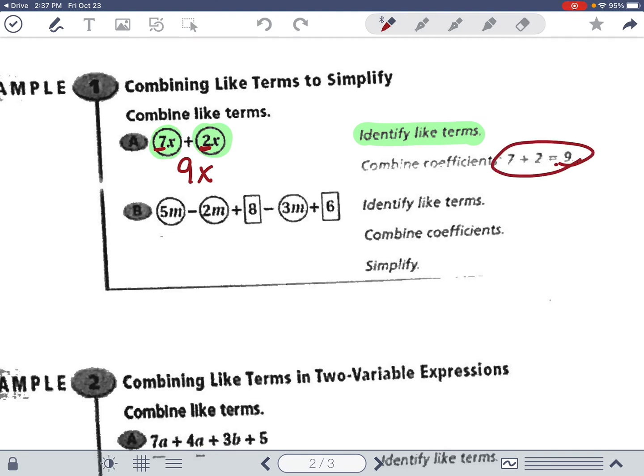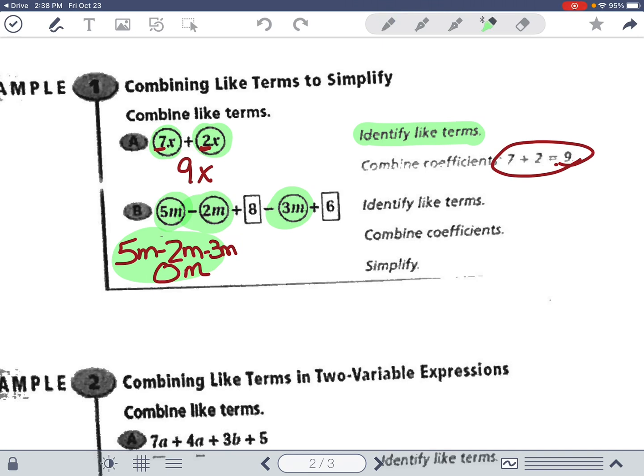This next one, I notice that I have 5m, take away 2m, take away 3m. So when I combine these 3 terms, I end up with 5 take away 2 is 3, take away another 3 is 0 m's.